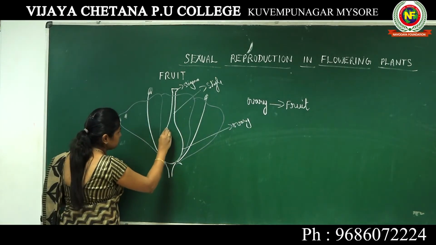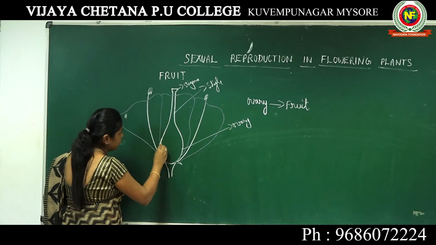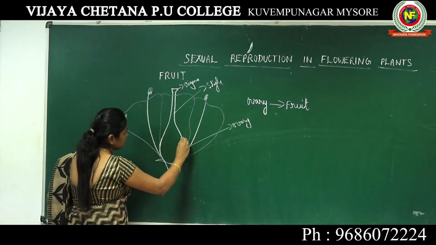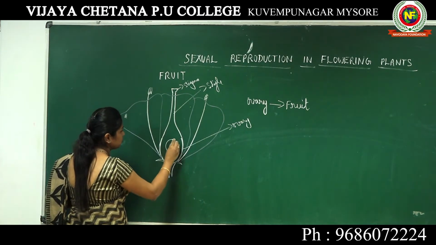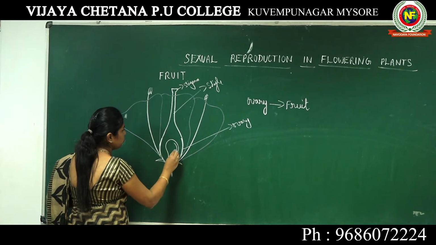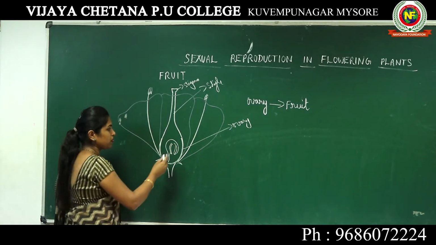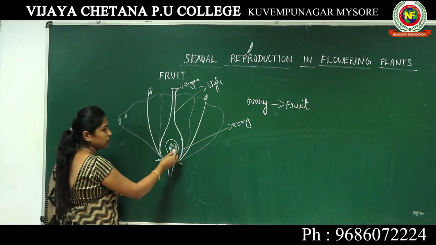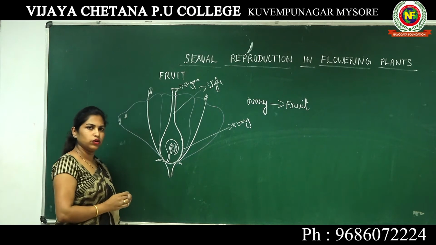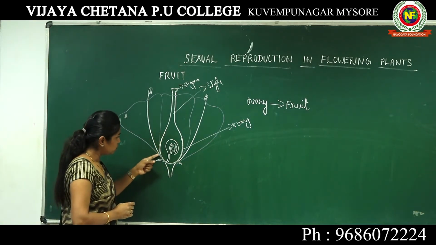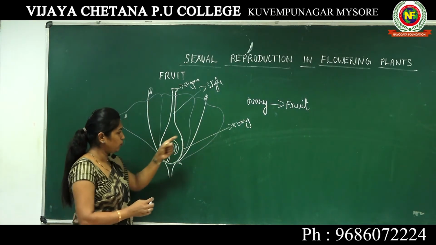Here you see the wall of the ovary. Inside this you will find the ovule, the embryo sac, where the zygote is developed. The whole ovule will be converted into seed. Now, this whole ovary is converted into fruit.